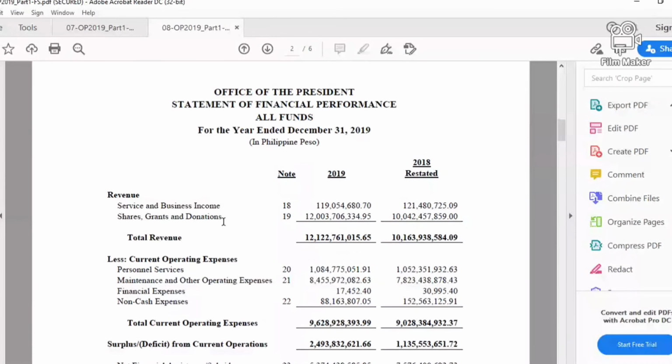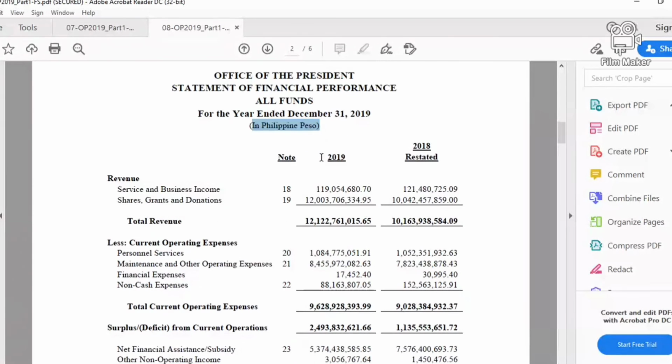So, this is the statement of financial performance of the Office of the President. Name of the agency, name of the component of FS, name of funds, and then, nakalagay dyan for the year ended or for the period ended, the reporting currency, and rounding off if any.